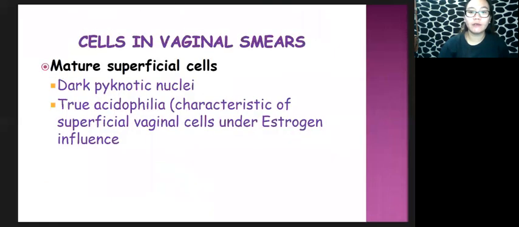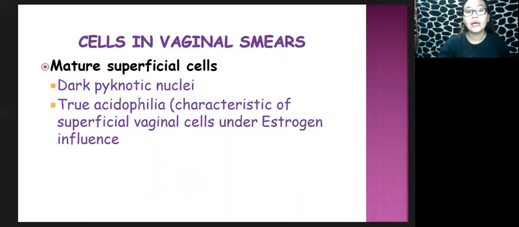So what are the different cells that are seen in your vaginal smears? The first one is your mature superficial cells. They are characterized by the presence of dark pyknotic nuclei and they exhibit true acidophilia. When we say true acidophilia, this is seen as a result of estrogen influence.